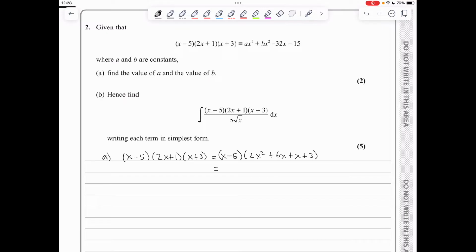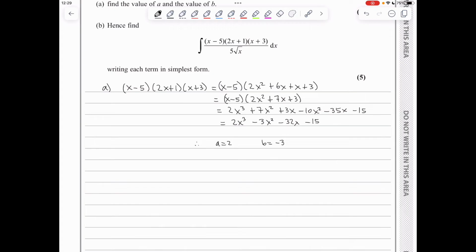I will collect the like terms and then expand further, so it's x minus 5 times 2x squared plus 7x plus 3, and now I expand to get 2x cubed plus 7x squared plus 3x minus 10x squared minus 35x minus 15. Collecting like terms gives me 2x cubed minus 3x squared minus 32x minus 15, and therefore we conclude that a is 2 and b is negative 3.